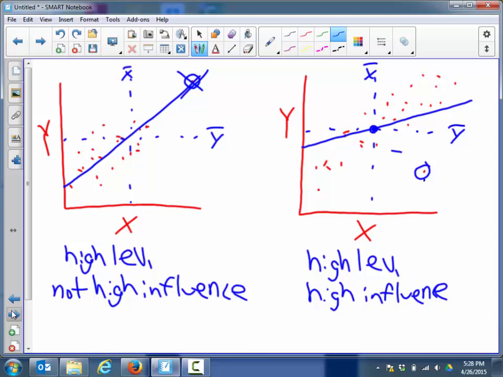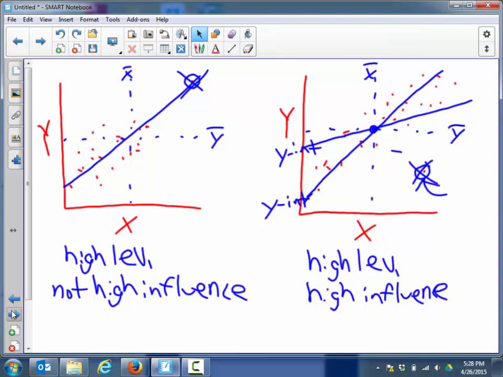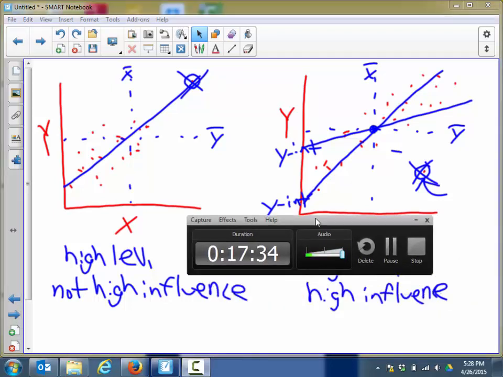Because with that point present, the regression line is going to do something kind of like this. It still goes through the center of your data, but it tilts downwards because this outlier right here has a negative influence. Now, with that point removed from the data set, with that outlier gone, you have a regression line that looks more like that. So you see a big difference not only in terms of your y-intercept, before and after, but the slope changes dramatically too with that point present or removed.